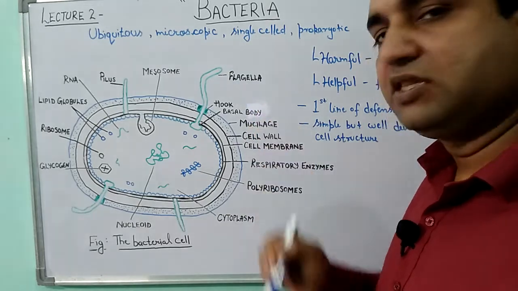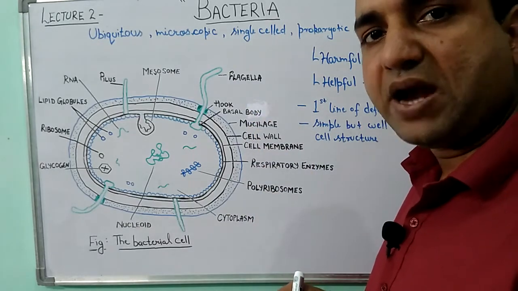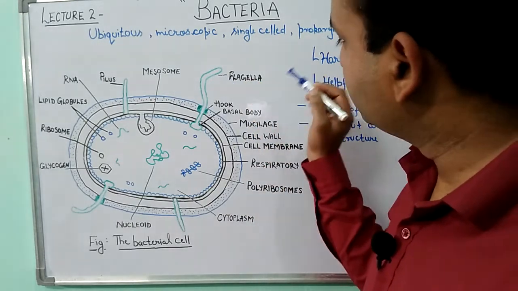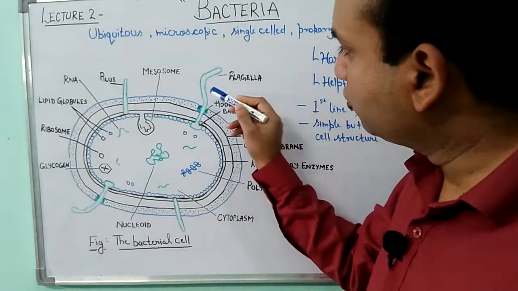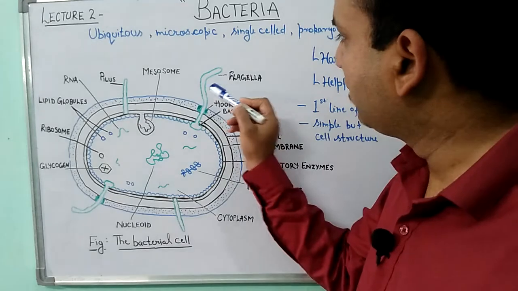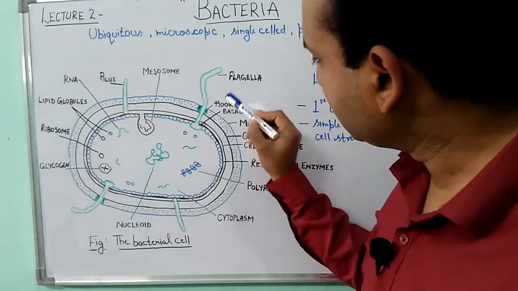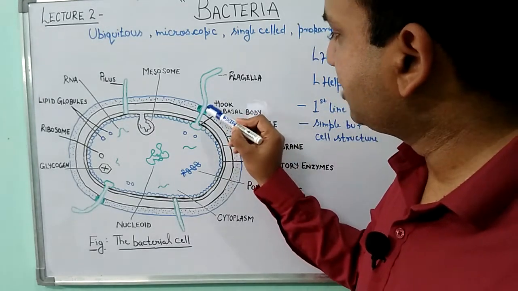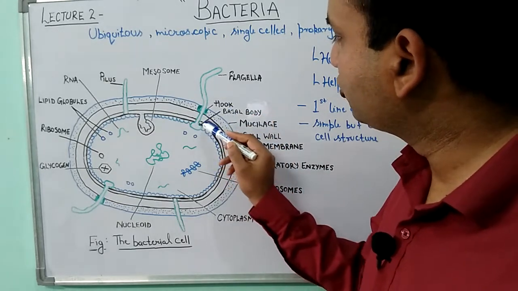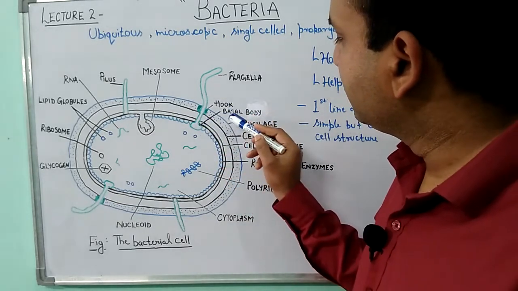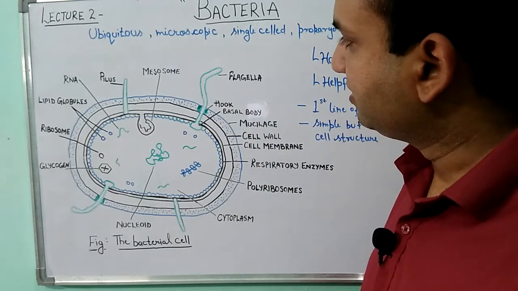The flagella help in the locomotion of the bacteria. The outermost portion of the flagella is known as the filament. The flagella is attached to the bacterial cell with the help of a hook, and the downward portion of the flagella is known as the basal body.